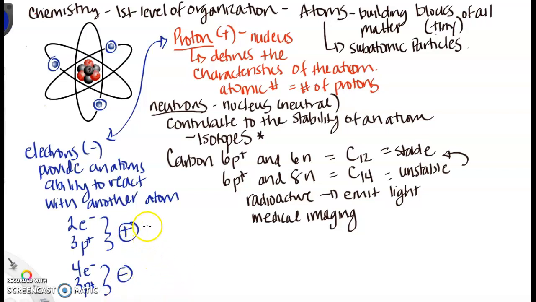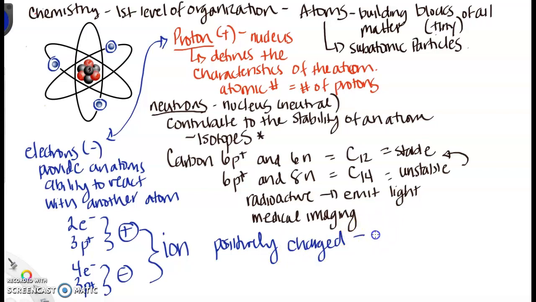So these things, when an atom is charged, that means it has become something that we call an ion. Okay, we have ions in our bodies. Okay, so an ion is either a positively charged atom or a negatively charged atom. If it is positively charged, it's called a cation.